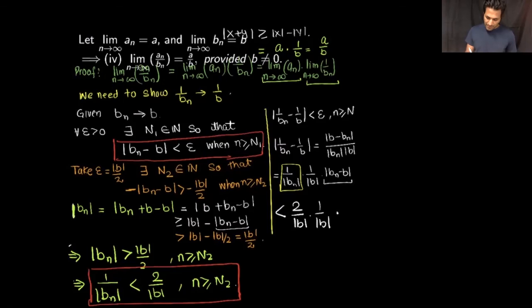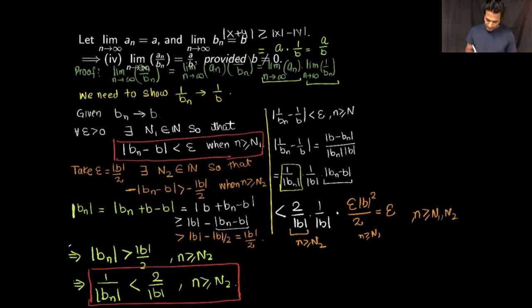And if I can make this quantity epsilon times b squared divided by 2, then the whole thing will be equal to epsilon. Since this is true for when n is bigger than or equal to n2, and this I can make true for when n is bigger than or equal to n1, therefore this will be true for when n is bigger than or equal to n1 and n2.